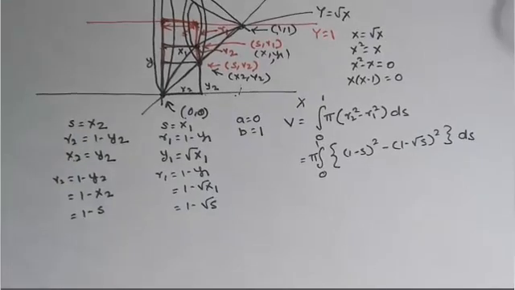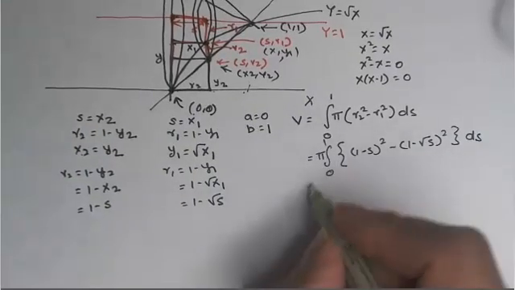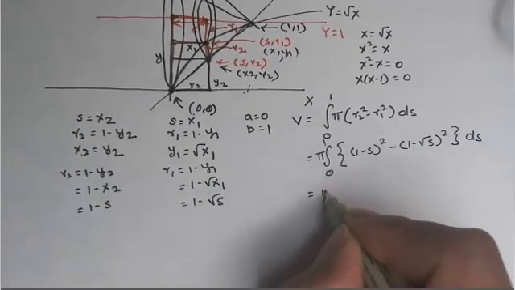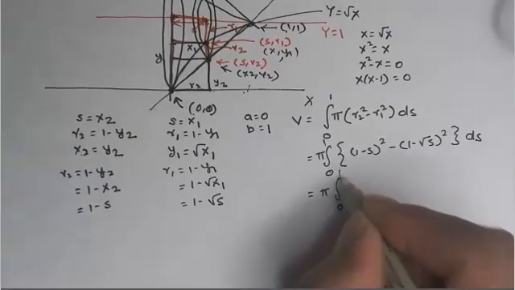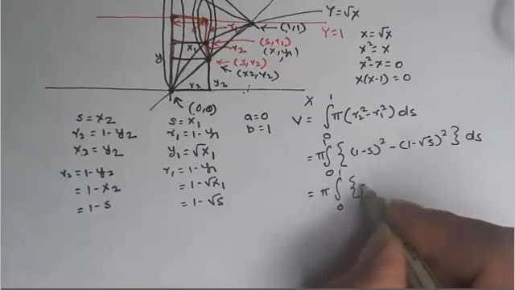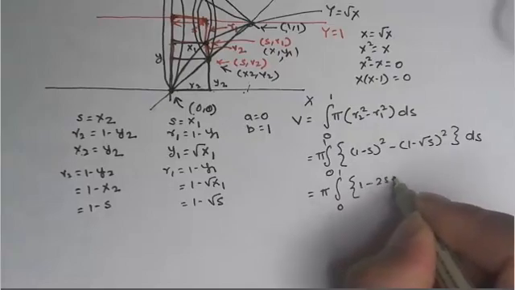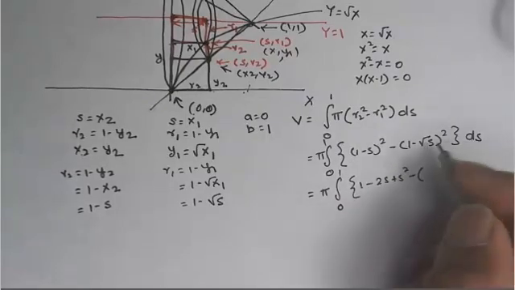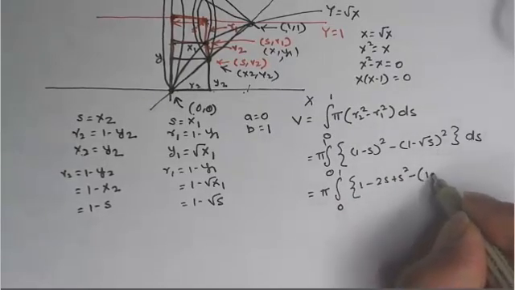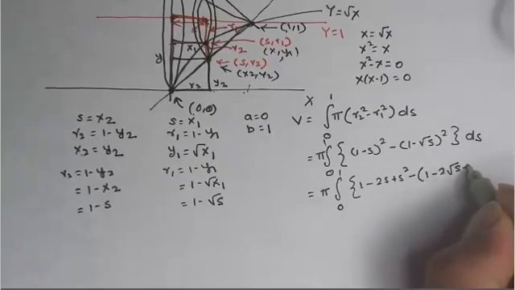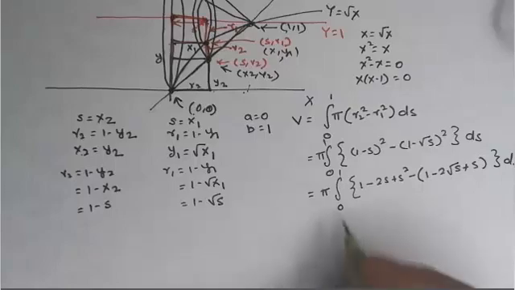And now we just have to do that integral. So let me do a couple of steps. Expand the square, 1 minus 2s plus s squared, minus, expand this square, 1 minus 2 square root s plus s, ds.